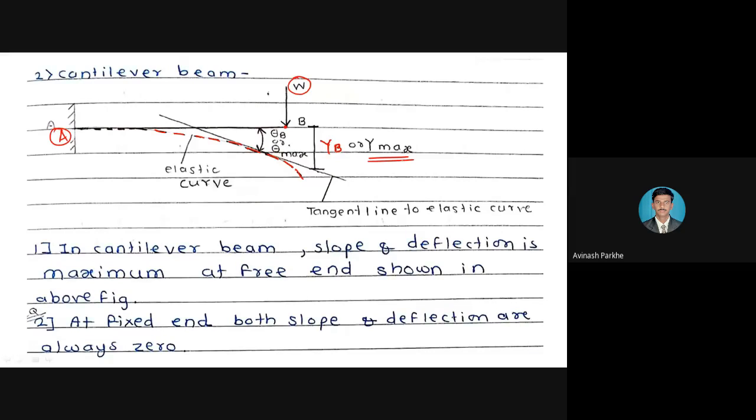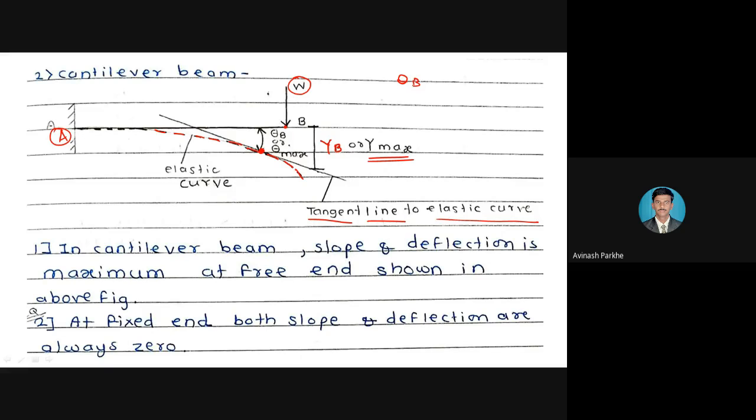Similarly, for the slope, I have drawn one tangent line. So here you can see one tangent line. I have drawn a tangent line to the elastic curve, and due to this tangent line, I got one tangent point on the elastic curve, and that tangent point is available near the free end only. And the angle between this tangent and the original axis is called the slope of the beam.